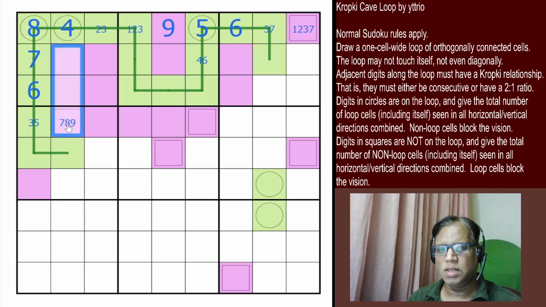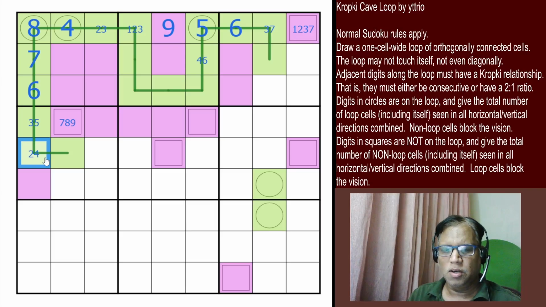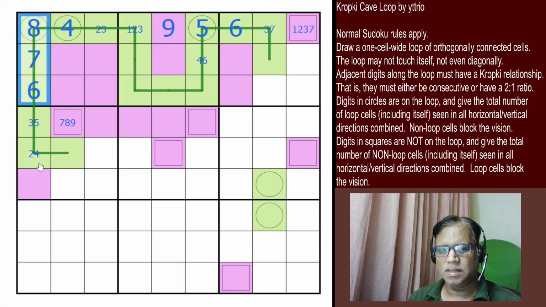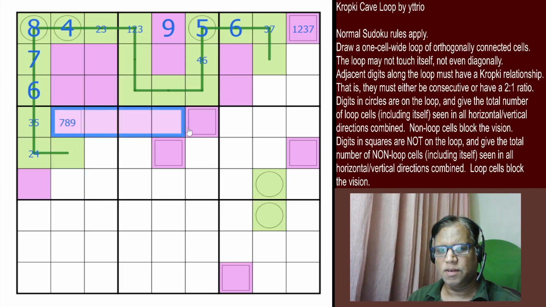So 1, 2, 3, 4, 5, 6. After 5, the only possibility is 4, and after 2, it could be 2 or 4. So that's 2, 4. Now, because this has changed, right? There are many possibilities. 7, 8, 9. So here.